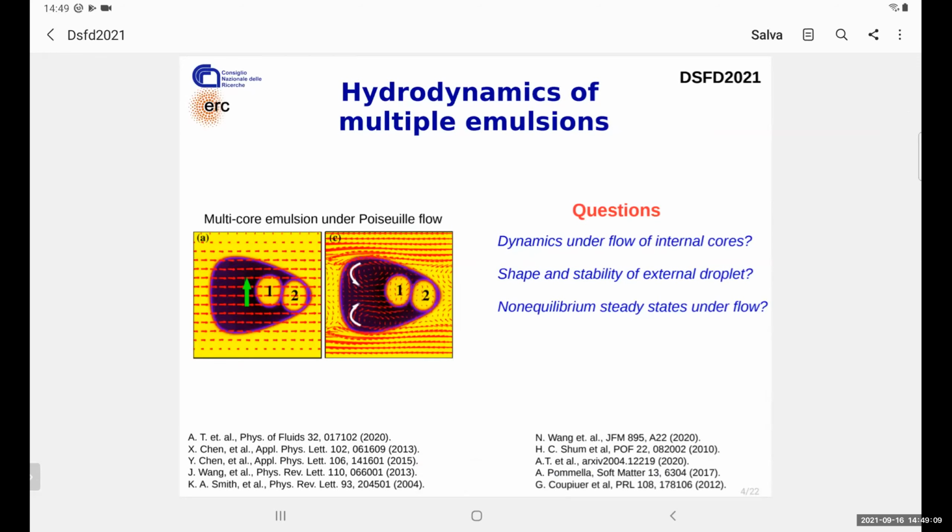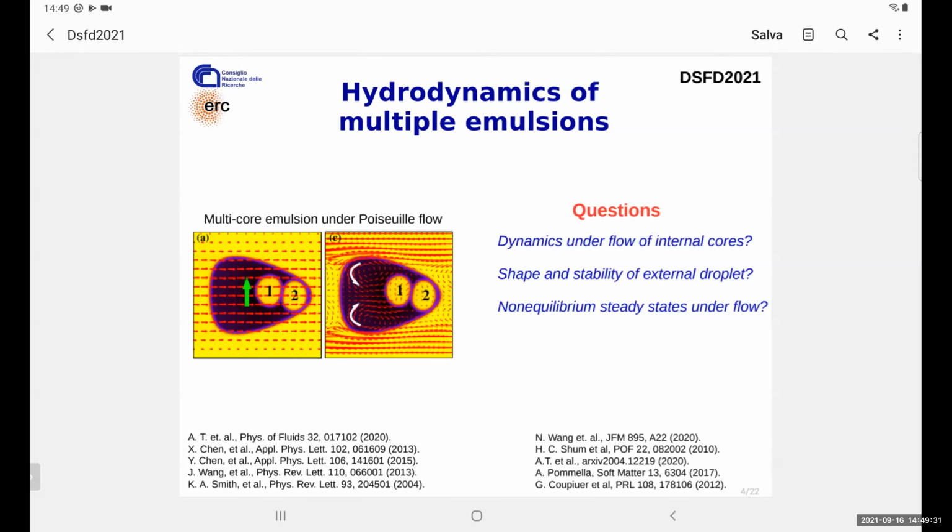But the scope of our work is, I would say, much simpler than this very complex experiment. We basically want to understand what's the physics of these multi-core emulsions when they are driven by Poiseuille flow within a microchannel. You can see here in the figure on the left, figure A, a typical instantaneous configuration of a two-core emulsion.